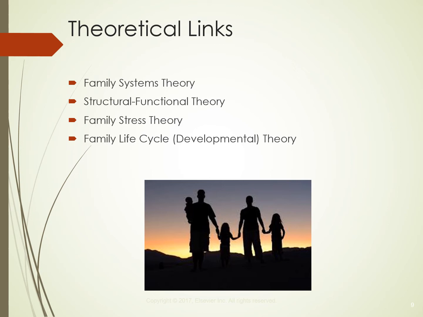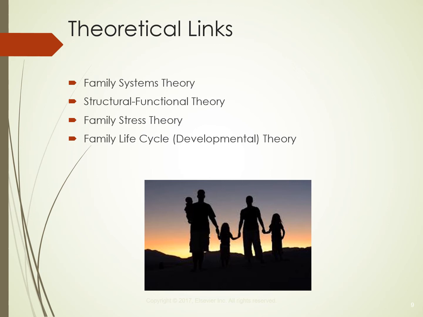The key characteristics of the family systems theory are, one, a family system is part of a larger suprasystem, and is composed of many small parts that are called subsystems. The second characteristic is that the family as a whole is greater than the sum of its individual members.